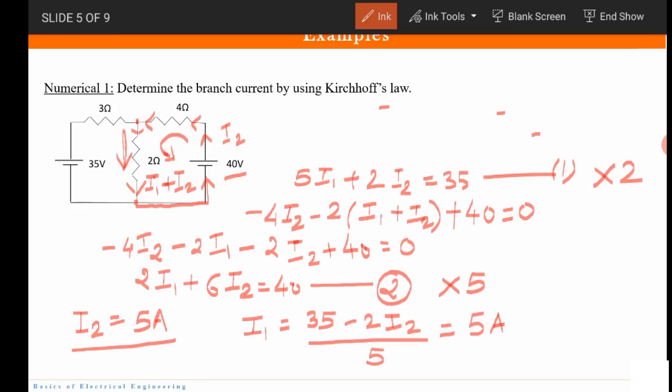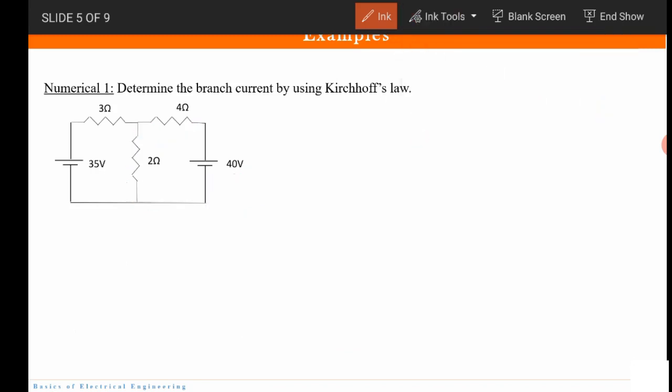Okay. So what did we get? We got that this current, which is I1, this current, which is I2, both are same to be 5 amperes. Correct? And thirdly, from 2 ohm resistor, I1 plus I2 flows.